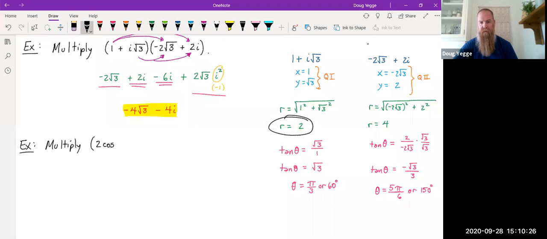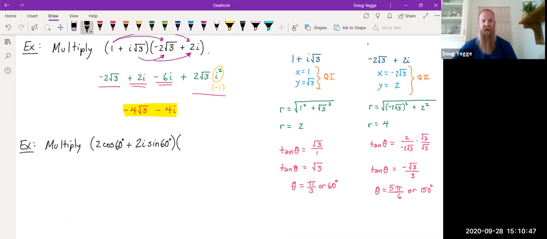So we're dealing with R equals 2 and theta equals 60 degrees. And so this becomes 2 cosine 60 degrees plus 2i times sine of 60 degrees. And that's now the first number.